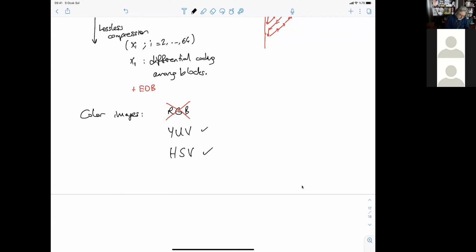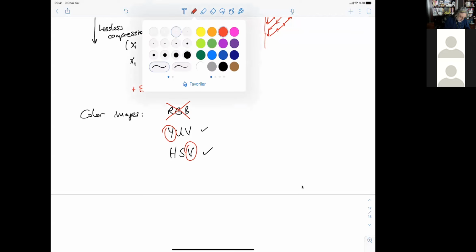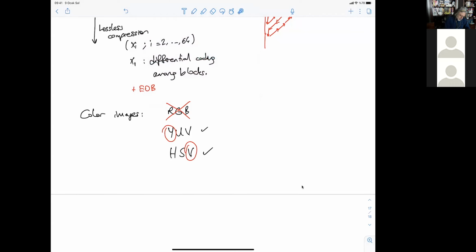Let me continue from HSV because it makes more sense to explain everything. But for the others, it also works. For the YUV, the Y channel is the gray level luminance kind of channel. In HSV, it is the V channel, the value channel. In HSV, H corresponds to the hue, which means color, by the way. I'm not sure about the origin of that word, but hue means color.